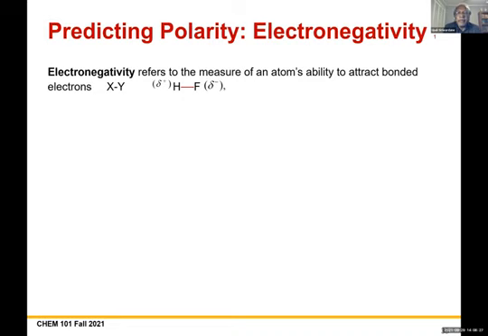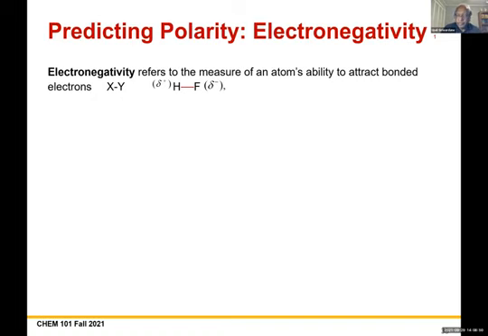Therefore, in the bond, electrons are attracted more towards fluorine. So polarity is created. There's a slightly more negative charge on the fluorine and a little positive charge on the hydrogen.